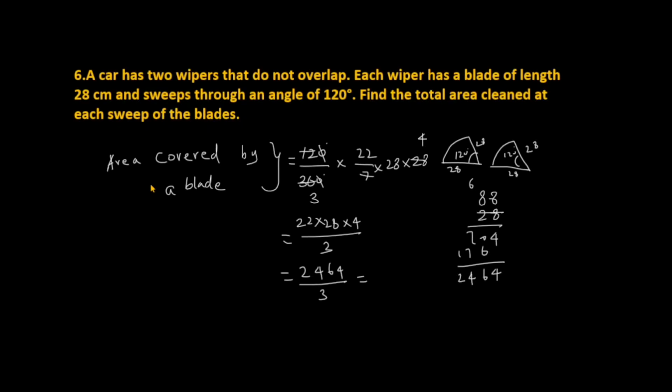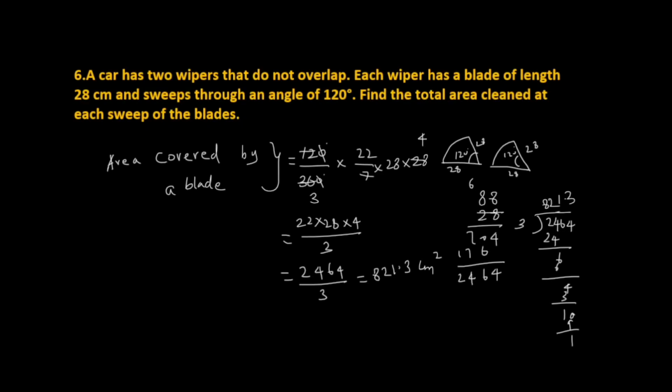Divided by 3, 8 3s are 24, 6 2 3s are 6, then 4, 1 3 is 3, remaining 1. After keeping a dot, we will be having 0, 3 times 9, then again 1, 3 times 9. So rounding of this, we can take 821.3 centimeters squared, but we need to find for 2 blades.